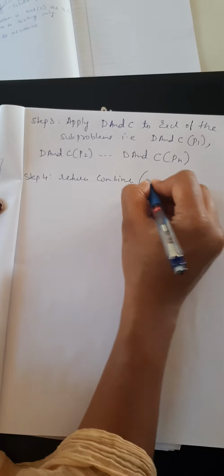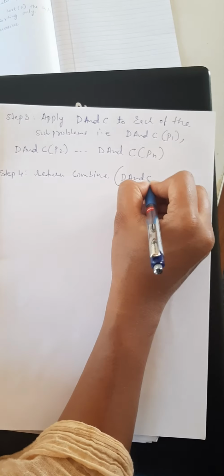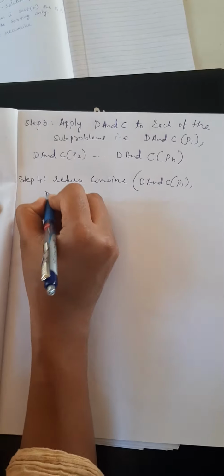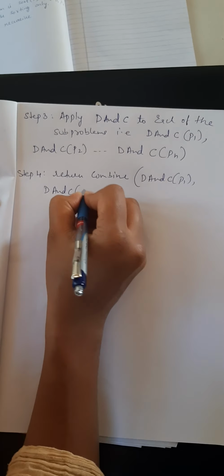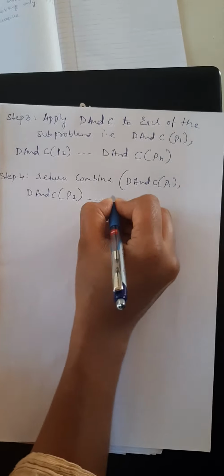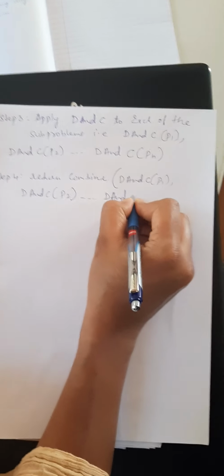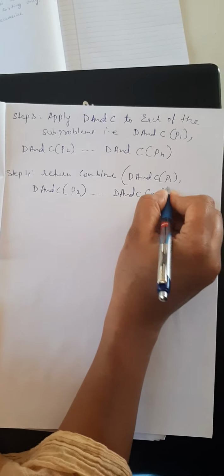Next, step 4, return by combining all this problem, that is divide and conquer of P1, comma, divide and conquer of P2, so on, divide and conquer of Pn.